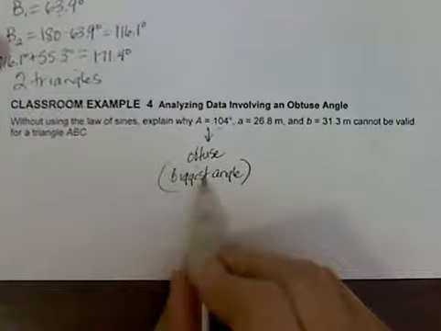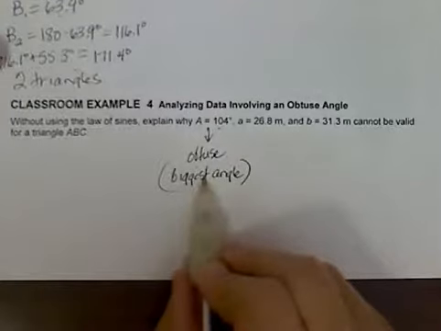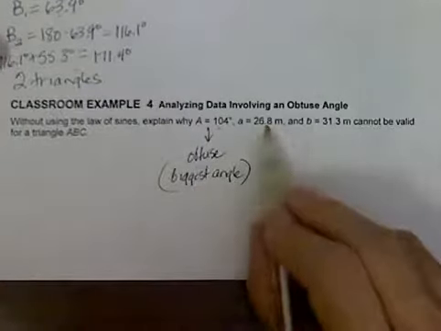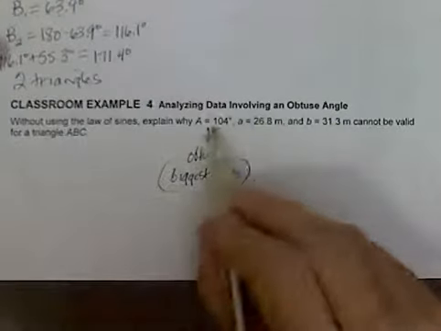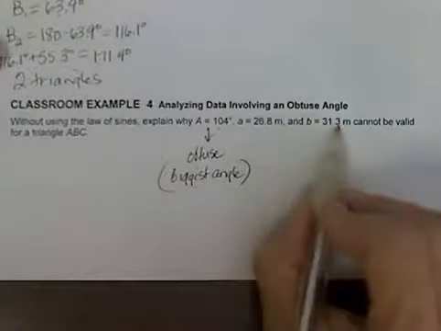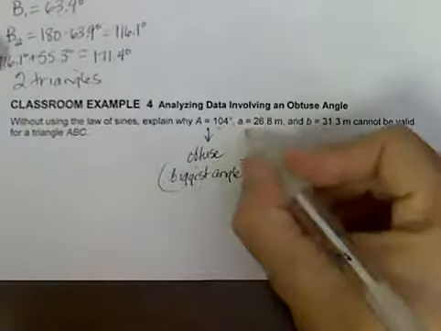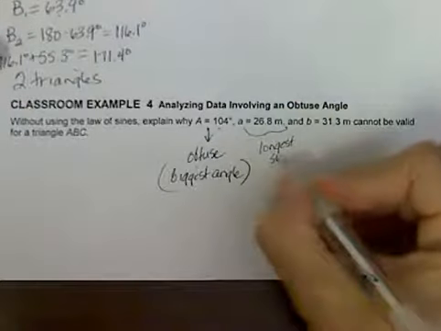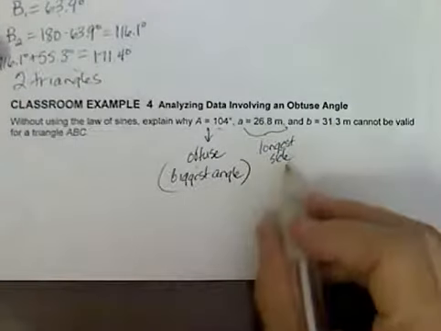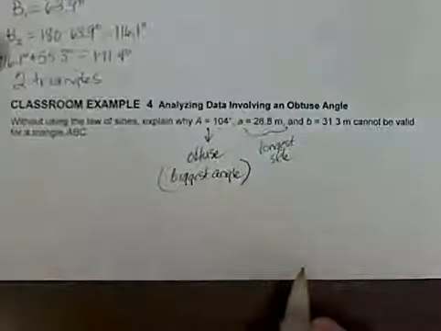That also tells us that that has to be across from the longest side. If we look at the lengths of our two sides over here, the A, which would be across from angle A, it's not the longer of these two, the B is. This would have to be the longest side in order for this to work, but it isn't. That's why this can't be a valid triangle.